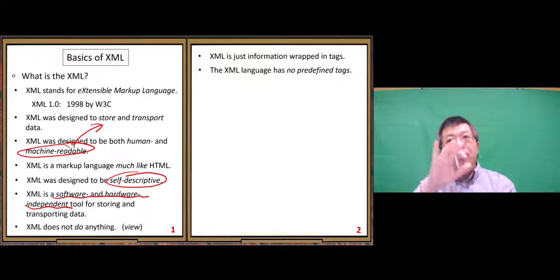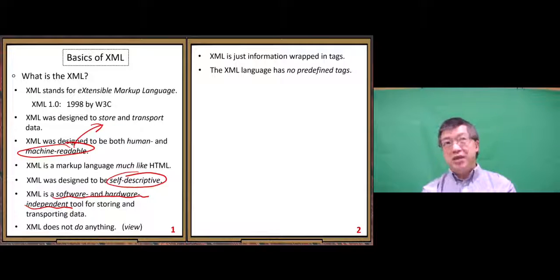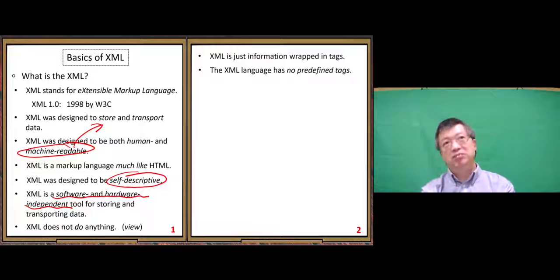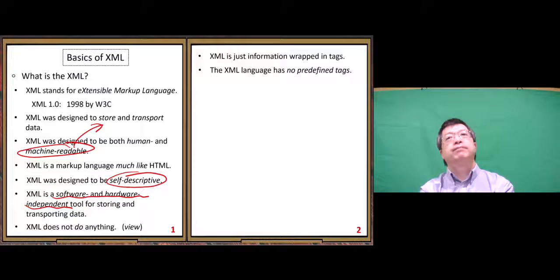It has no predefined tags. Why is that? Later, when we get into more details, we will see the reason. That's the way the designers wanted to make it. All right.